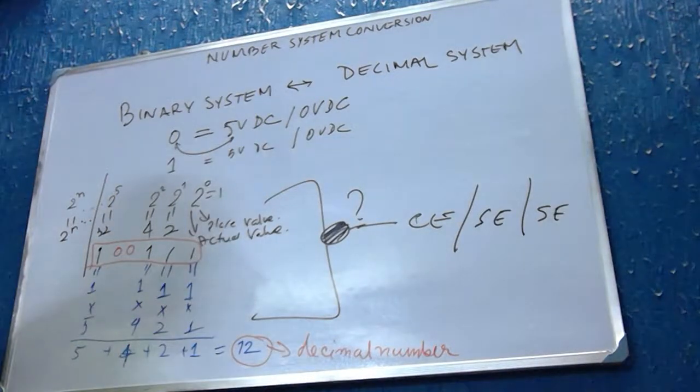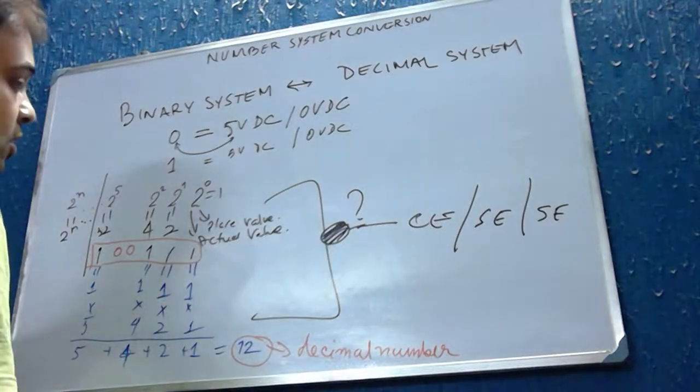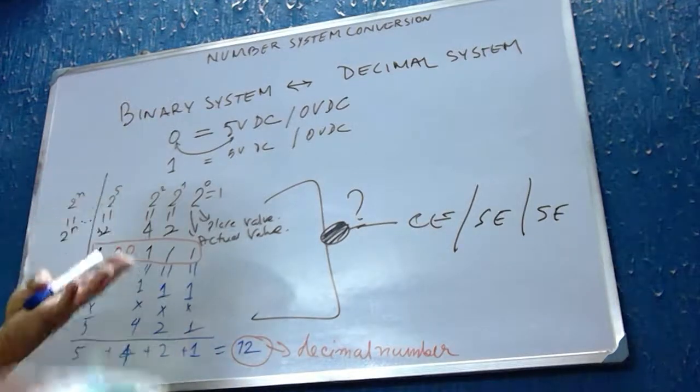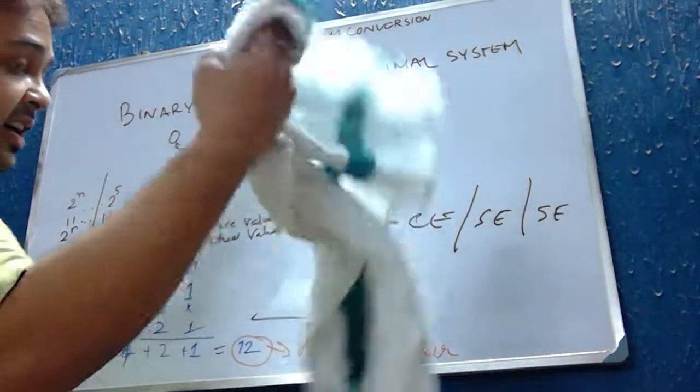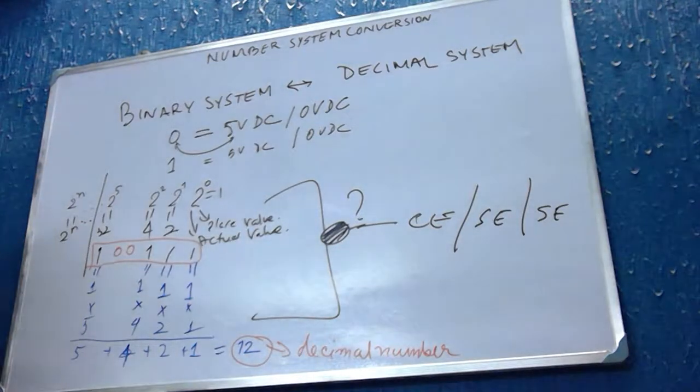Now you will ask me, okay sir, you had a small number and you converted it into a decimal number. What about a huge number, say 2 to the power of 35 or 2 to the power of 8 or 2 to the power of 10?